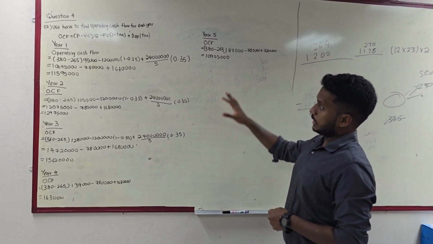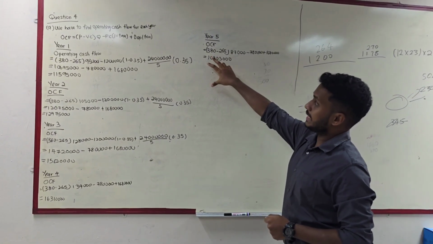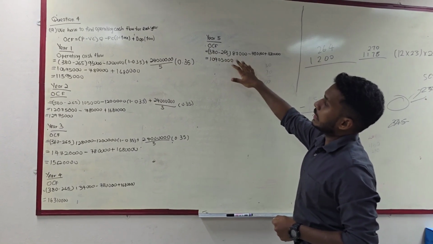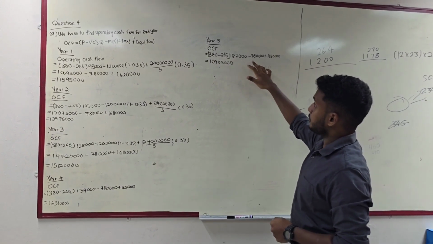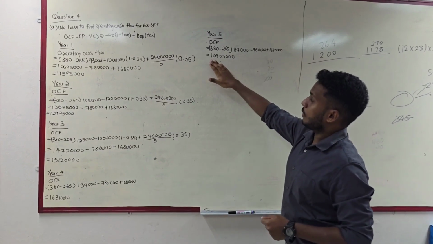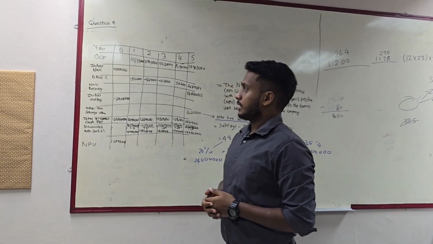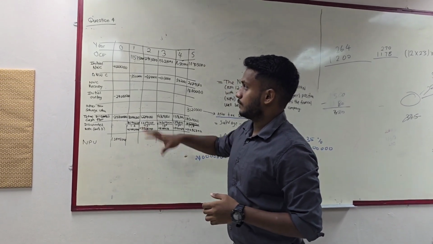When we move to the fifth year for the operating cash flow, we will get 380 minus 265 times 187,000 minus 78,000 plus 168,000, we will get 109,05,000.